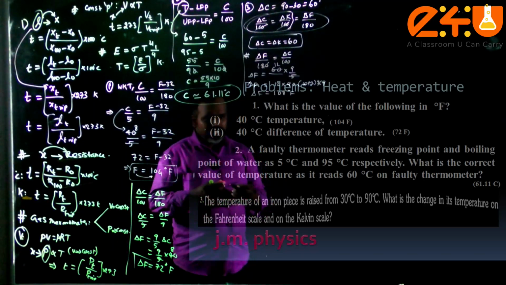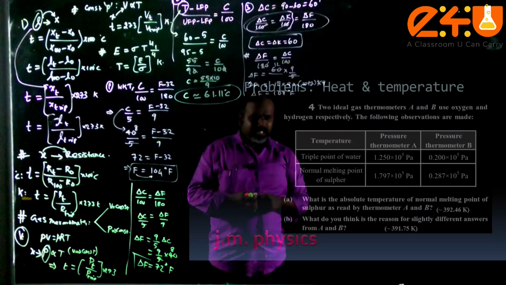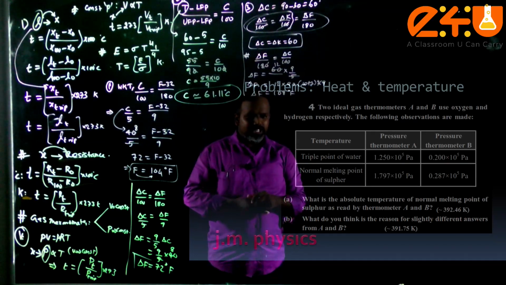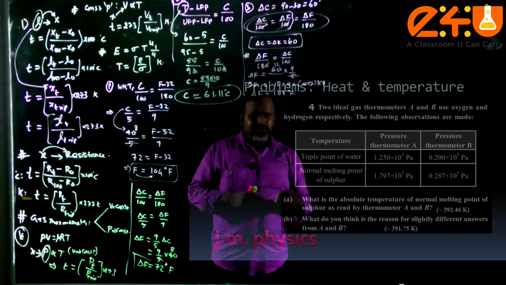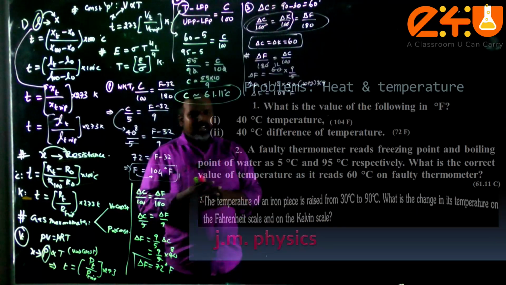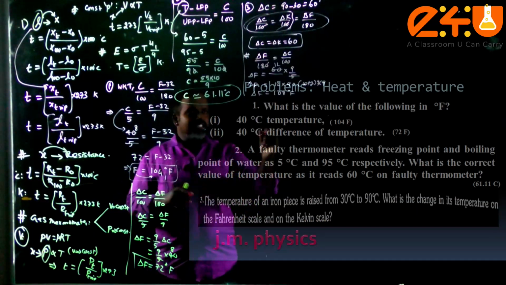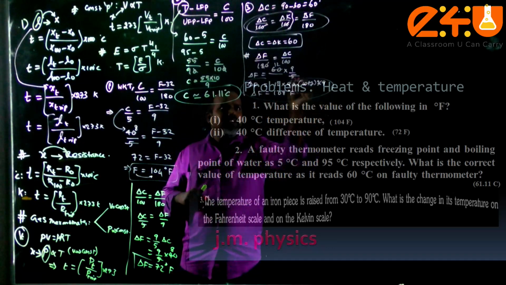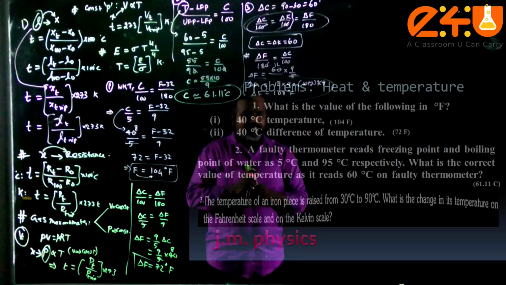Now please go to the next one, the fourth question. Before that, go to the previous one. You see that the last step we have written is the value on the Fahrenheit temperature scale.